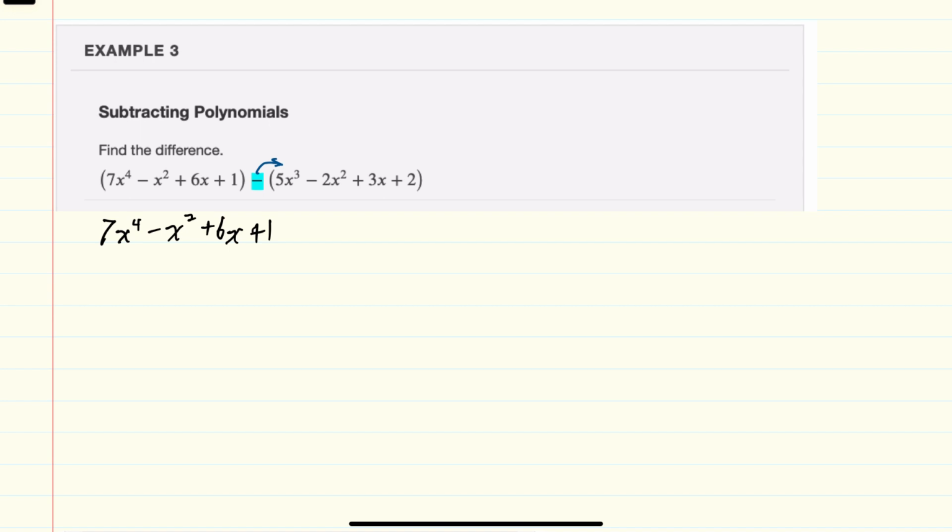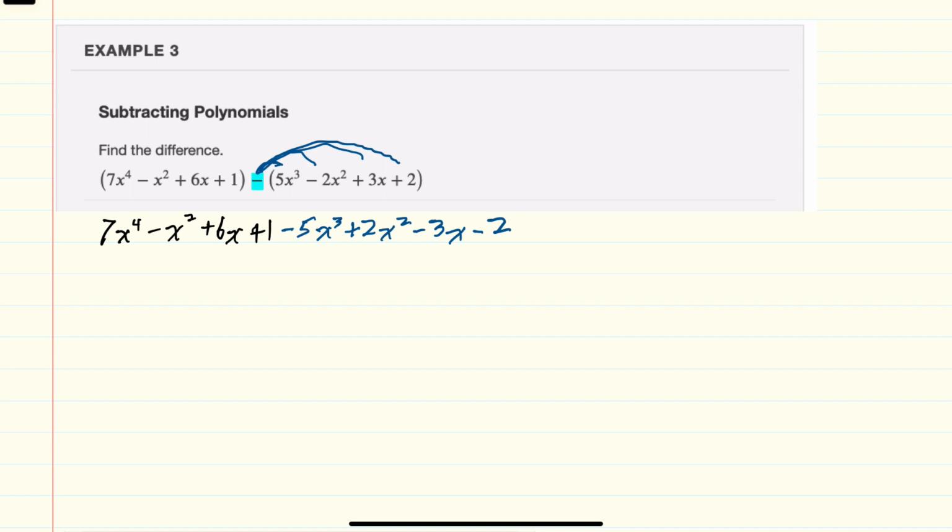But then distributing that negative, changing all of the signs to drop that second parentheses, we will have a negative 5x cubed. And then distributing the negative to the next term, a positive 2x squared. For the next term, a negative 3x, and then our last distribution, a minus 2.